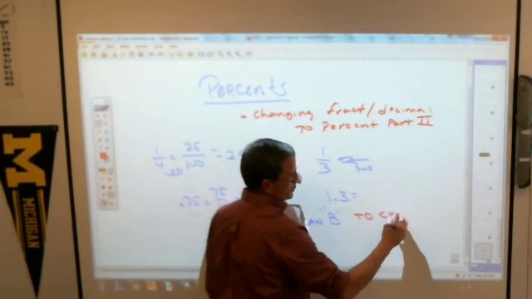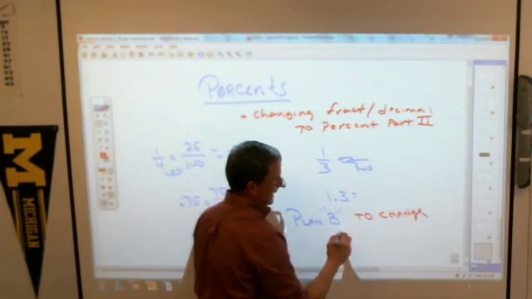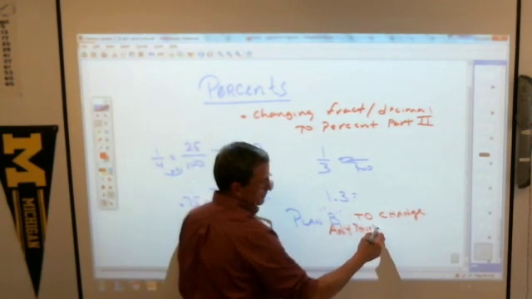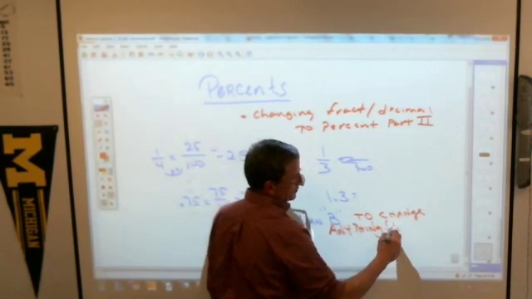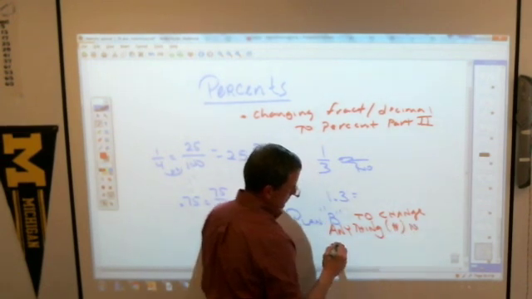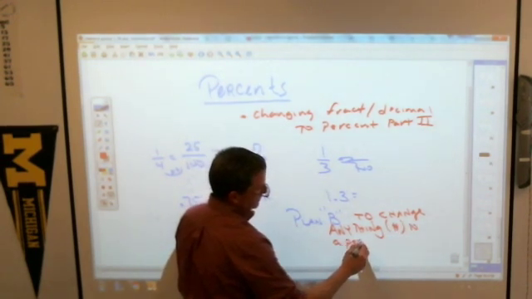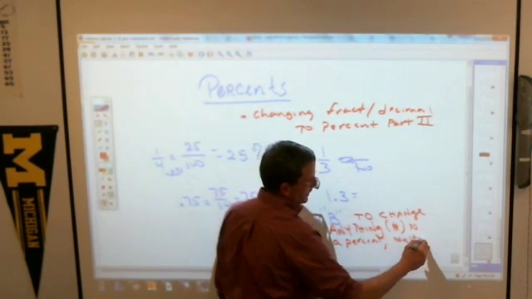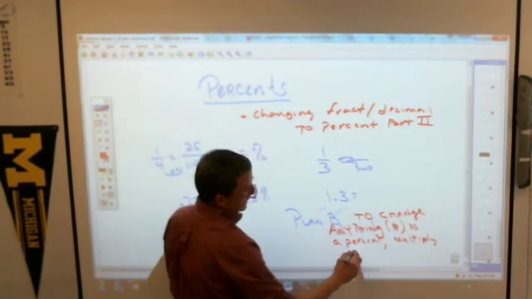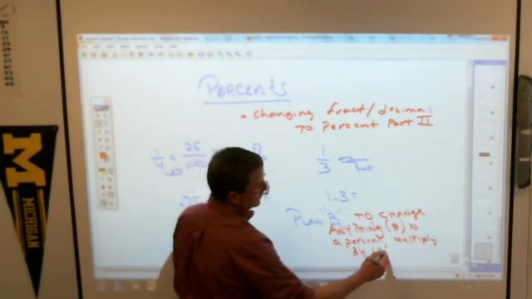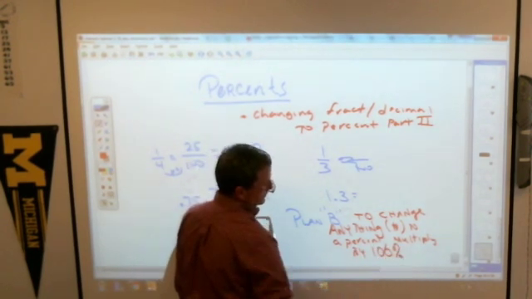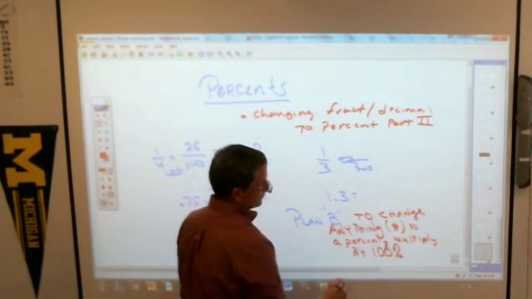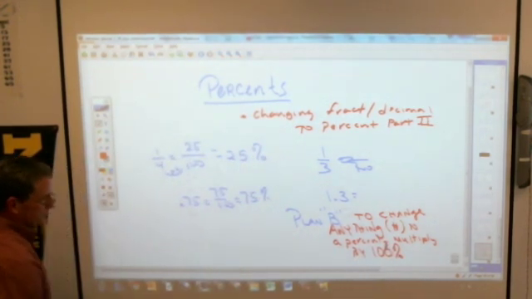To change anything, which would be a number, to a percent, comma, multiply by 100%, which looks like 100%. And I'll tell you what we mean by that.